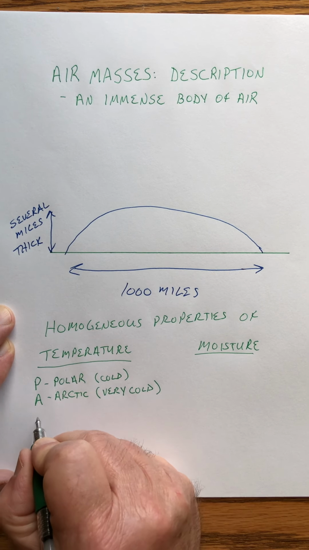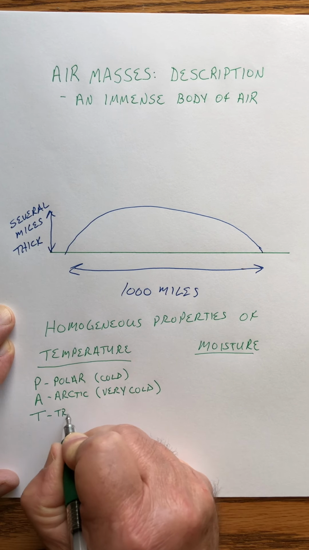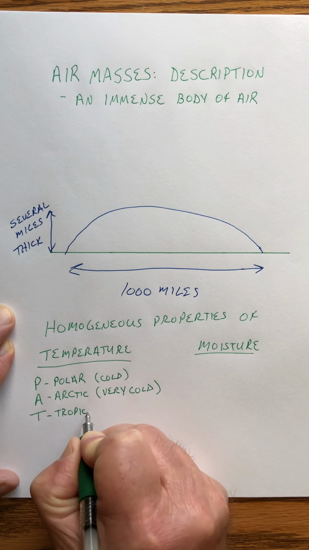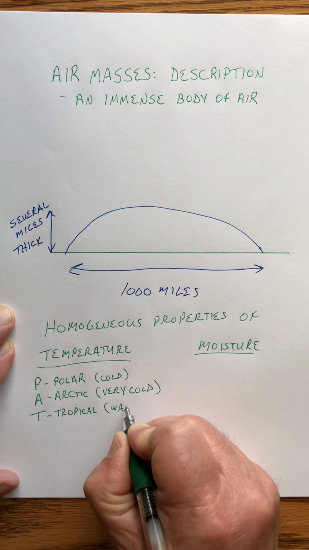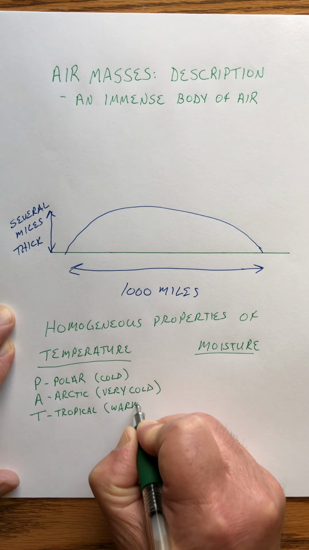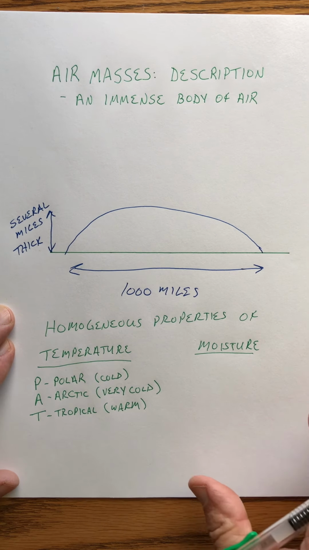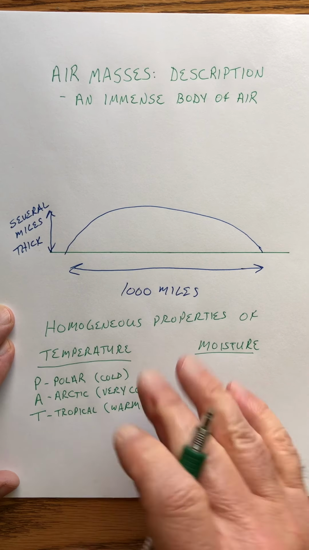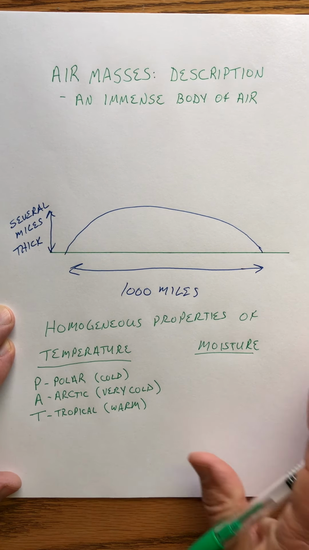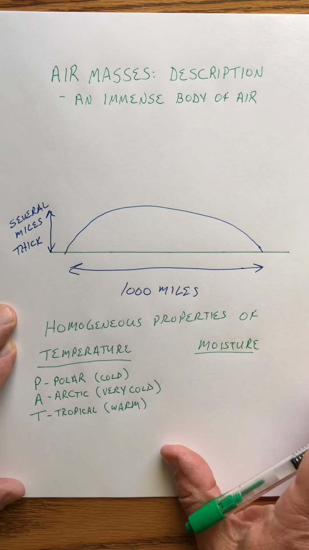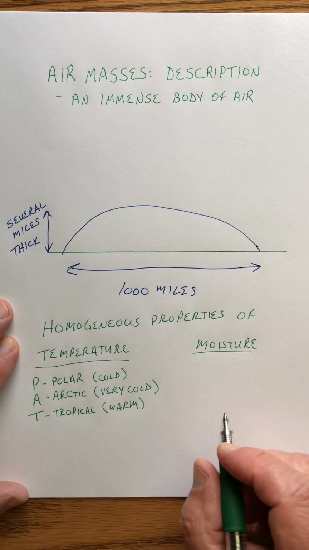And the last one in terms of temperature is T for tropical. And as you would expect, this is going to be a warm air mass. All right, so those are the three categories of temperature, or the three homogeneous properties of an air mass that's based on temperature.